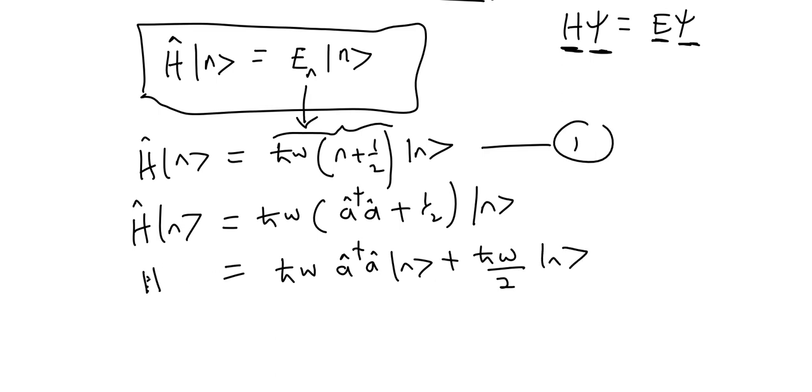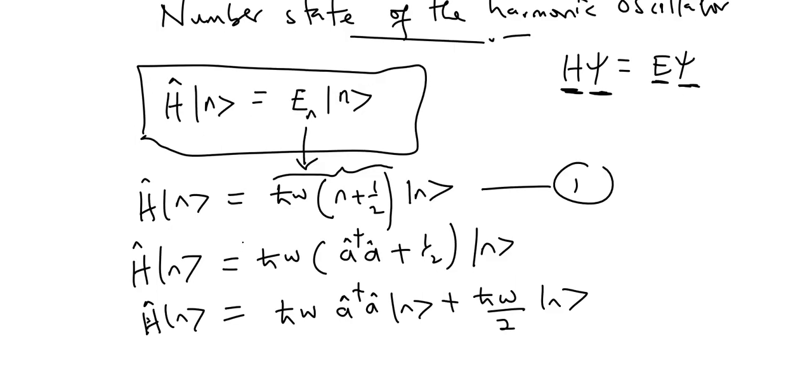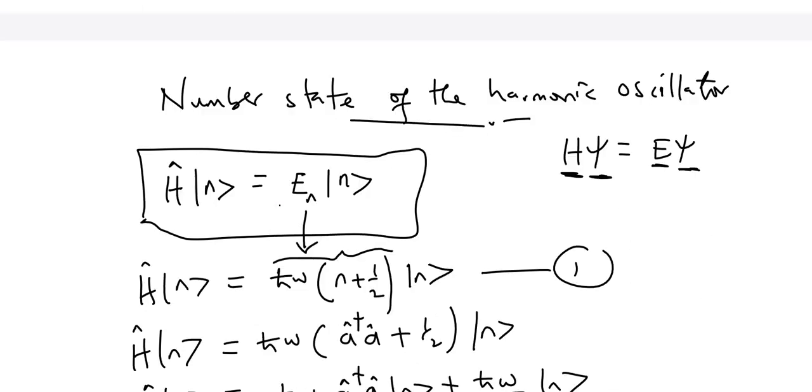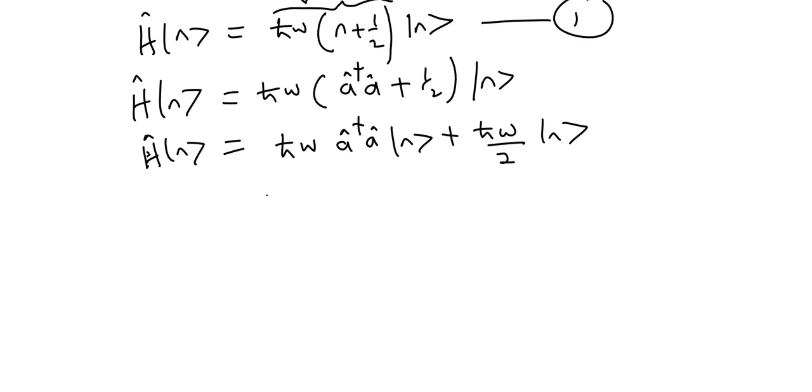Now this is for the Hamiltonian operator alone. What we have written before is the energy, while this H is the Hamiltonian operator that we wrote in terms of the raising and lowering operators. Let me label this equation 2.